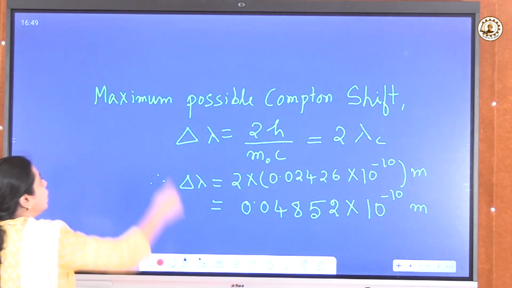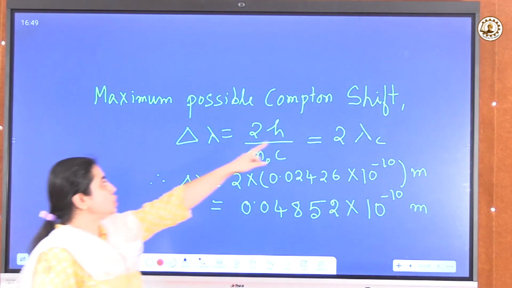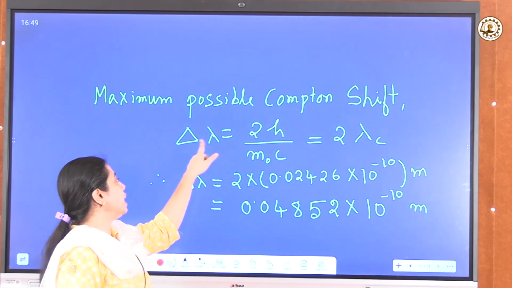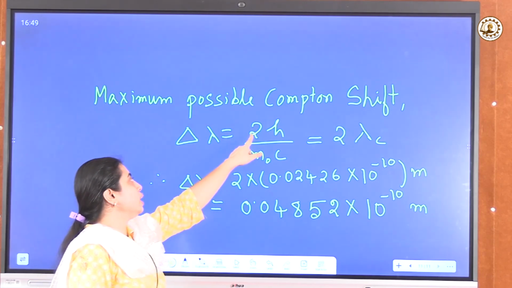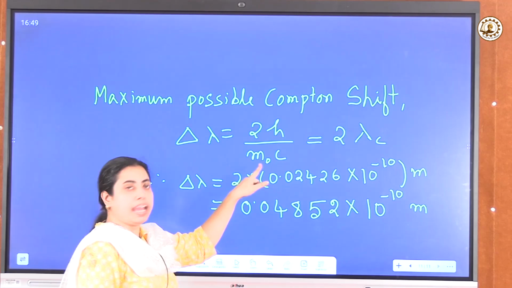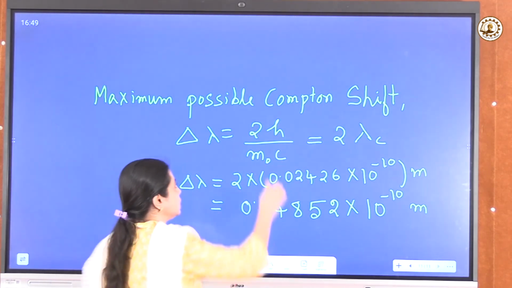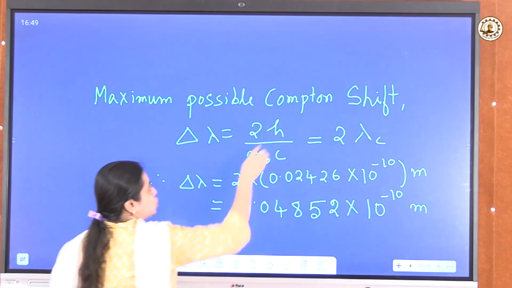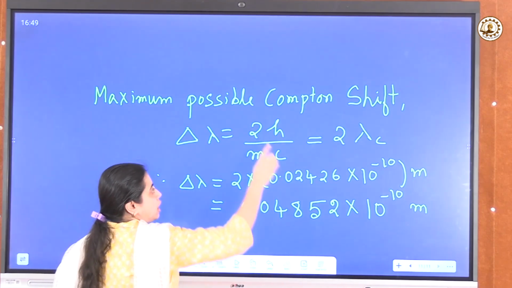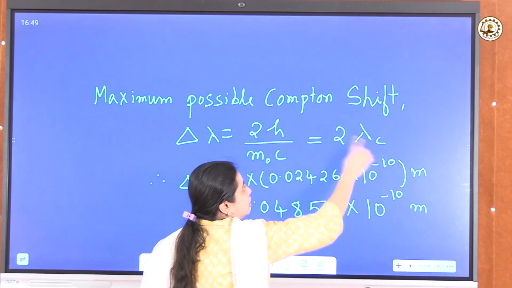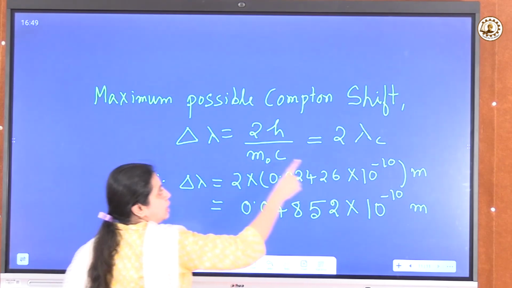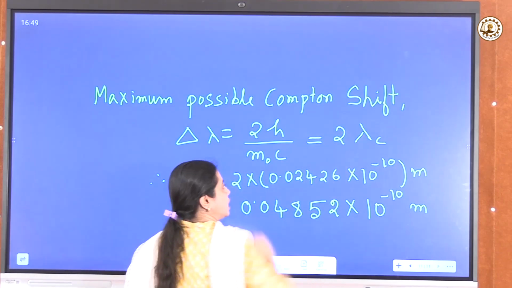For the maximum possible Compton shift, this is the formula: delta lambda is equal to 2 into h by m0c. This h by m0c is nothing but the Compton wavelength. So delta lambda is equal to 2 into lambda c.